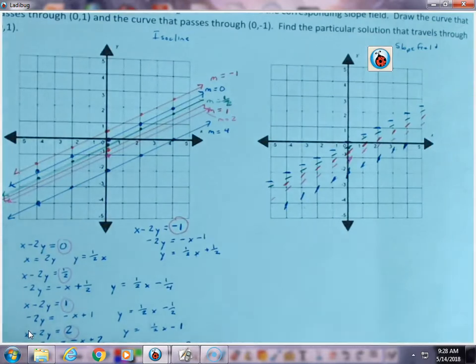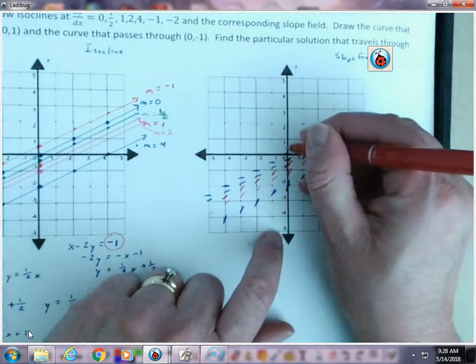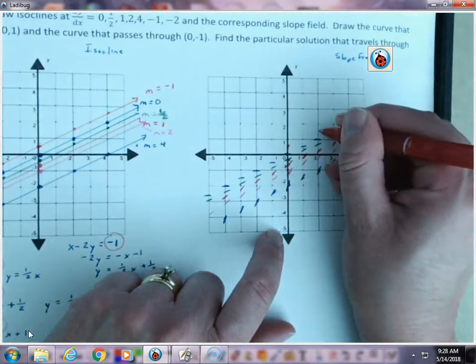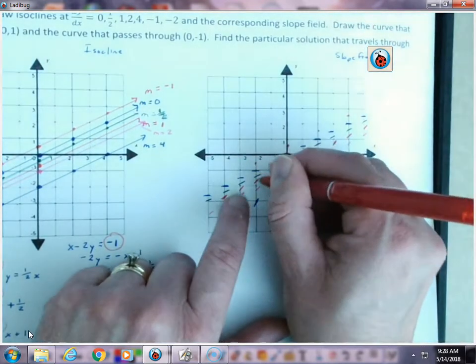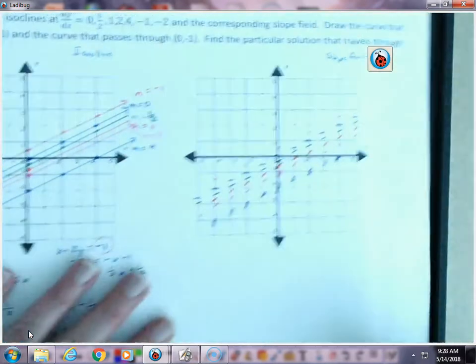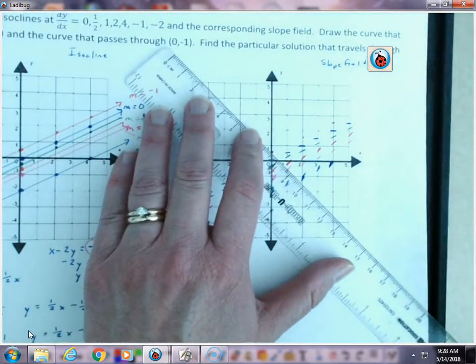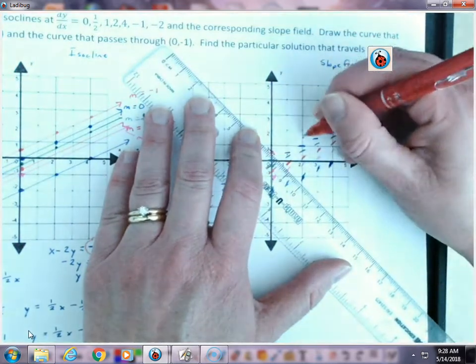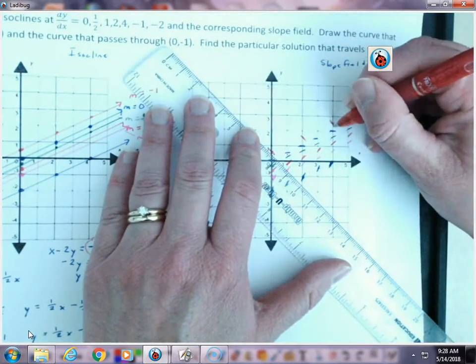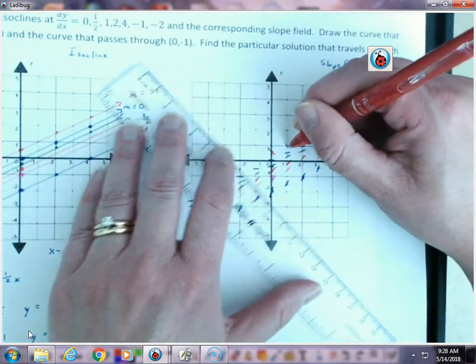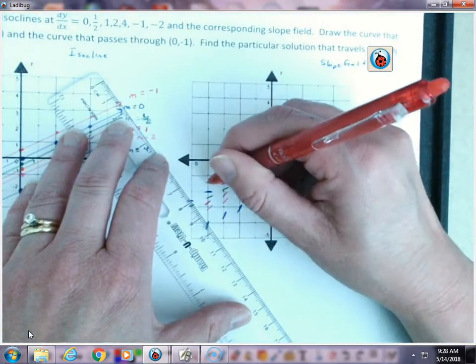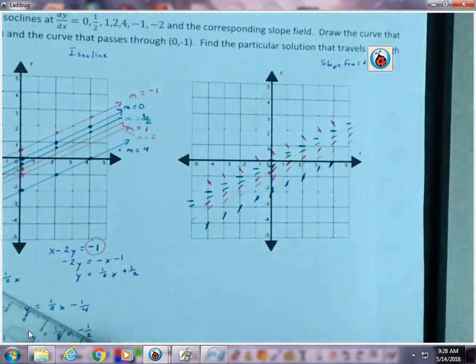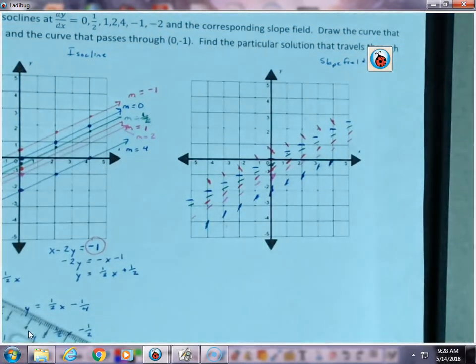Finally, a negative slope. Now they are going to notice if you put positive and it's supposed to be negative. Okay, so all along there you have little -1 slope field lines.